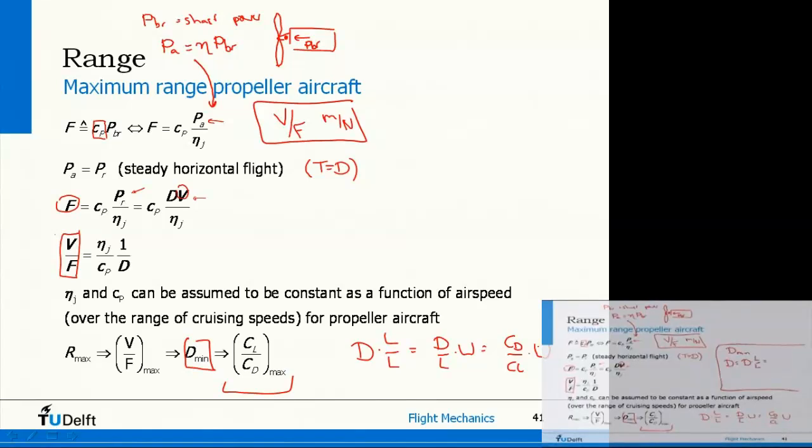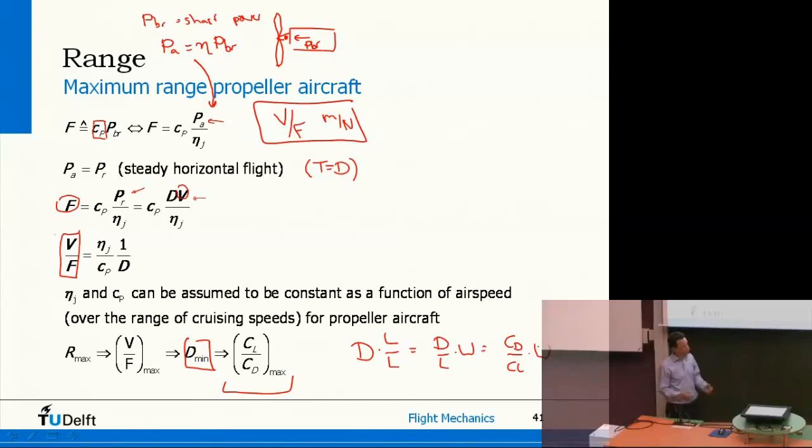And it's actually stated over here, but this means that if lift is equal to weight, then drag is in fact the ratio of aerodynamic drag coefficient divided by lift coefficient multiplied by aircraft weight. So that means in order to get maximum range for a propeller aircraft, this ratio of lift over drag must be at the maximum. So it's the most efficient aerodynamic configuration. Most lift for each amount of drag.